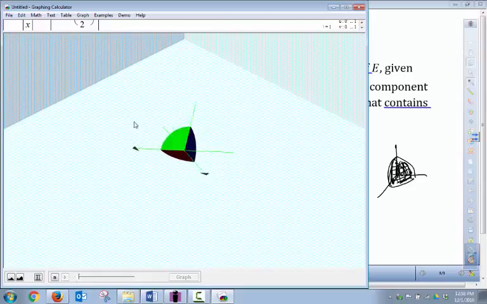Do I have everything? Yep. So I have all the sides together. Now I have fully enclosed this solid with 4 surfaces. Okay?